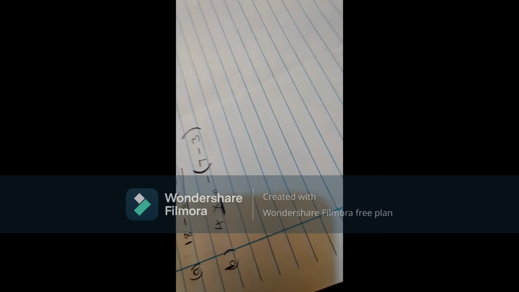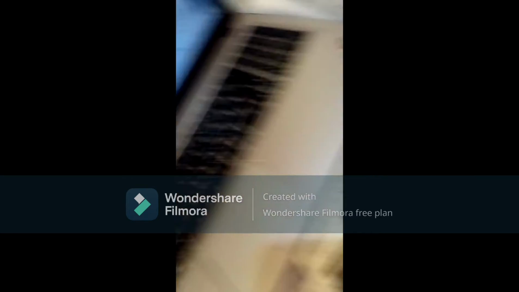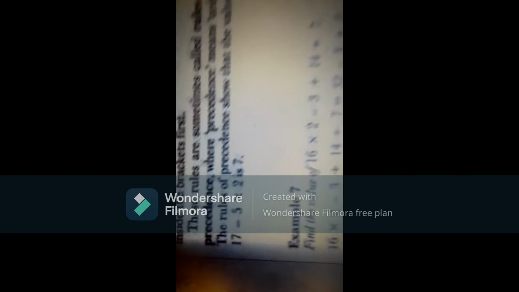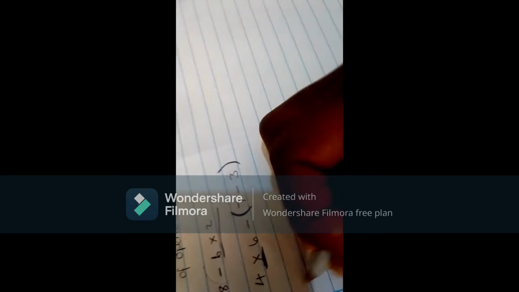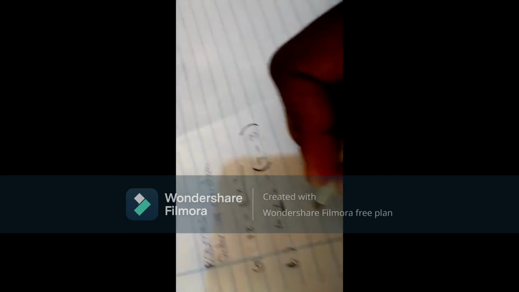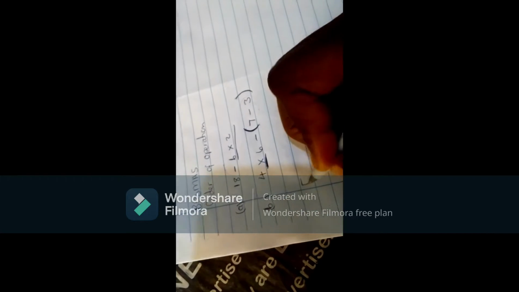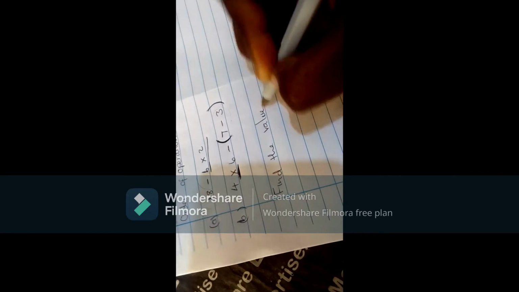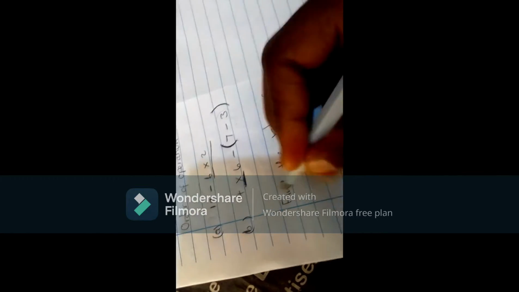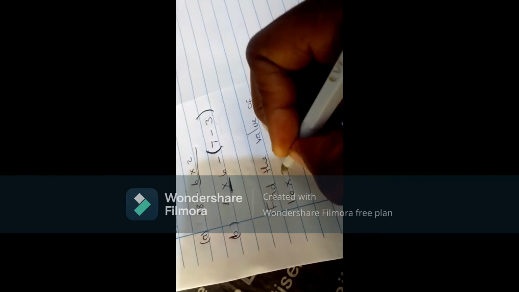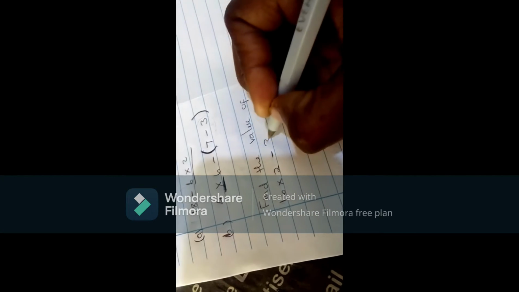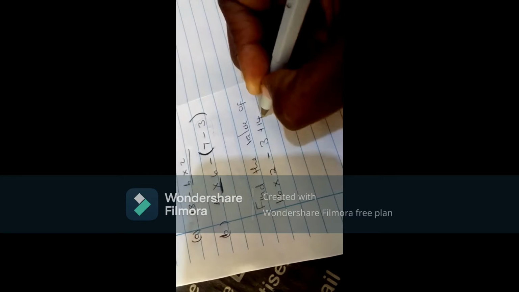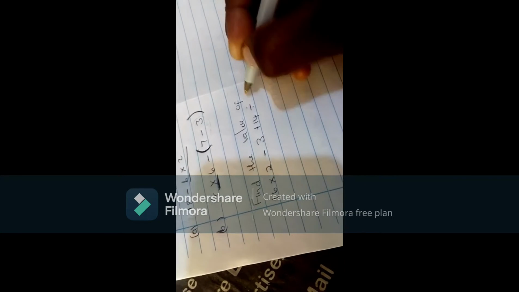So I'm going to do example 7, and try to make you understand it. It says find the value of 16 times 2 minus 3 plus 14 divided by 7.